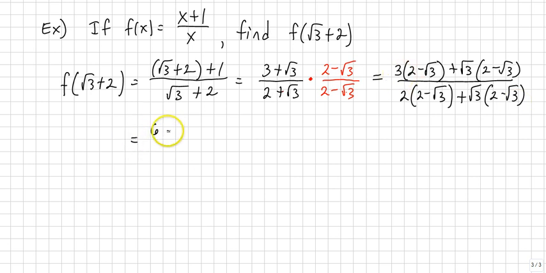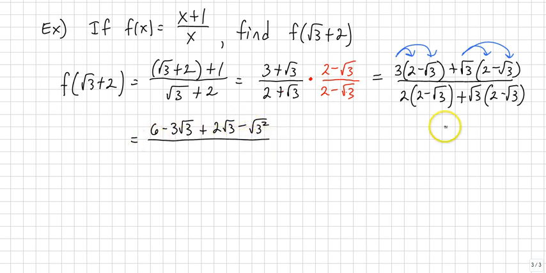We'll get 6 minus 3 square root 3. So all I'm doing is distributing here. Same thing on the bottom. And then we'll get plus 2 square root 3 minus square root of 3 squared. In the denominator, I'll get 4 minus 2 square root 3 plus 2 square root 3 minus square root of 3 squared.